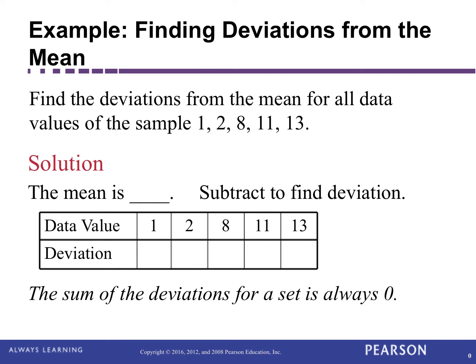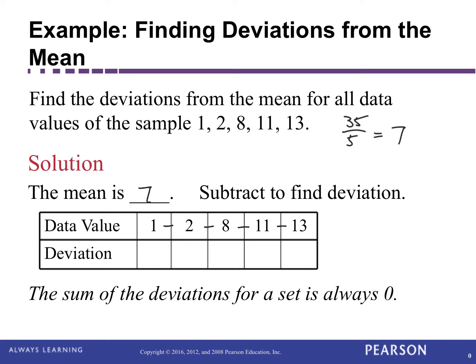The mean is 7, so we can calculate that. If we add up all these numbers, 3, 11, 22, and 35, and divide by 5 numbers, the mean is 7. Subtract to find the deviation.